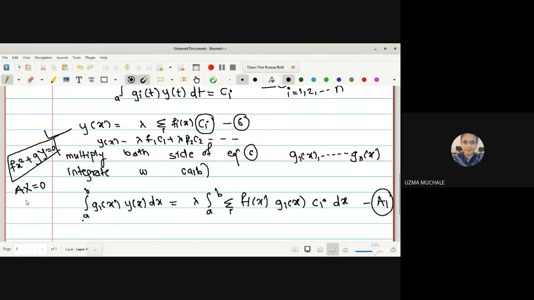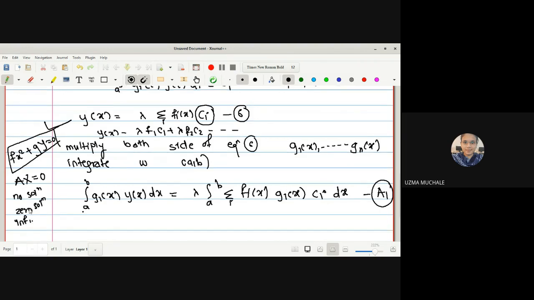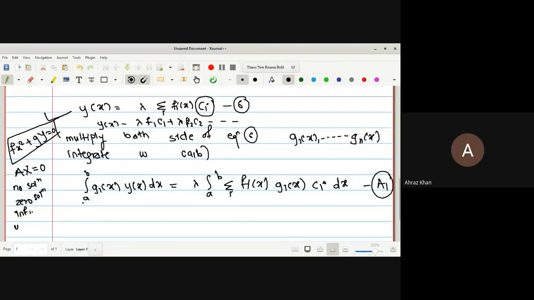In that, let me remind you. Have you heard this, that we have no solution, zero solution, infinitely many solutions, unique solution?